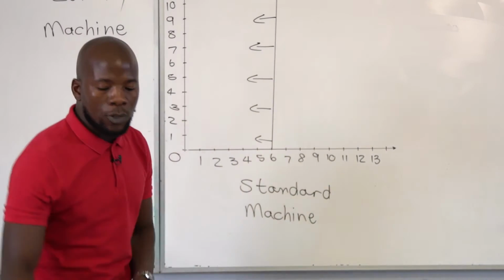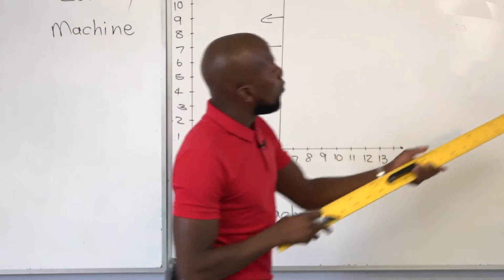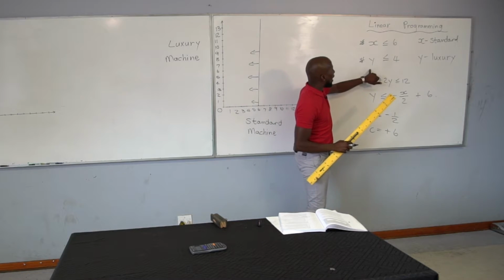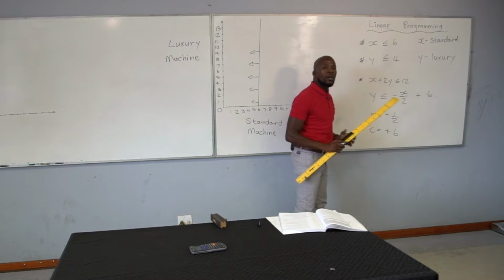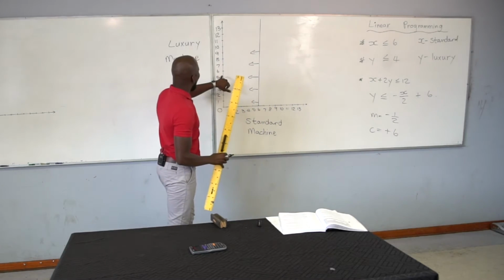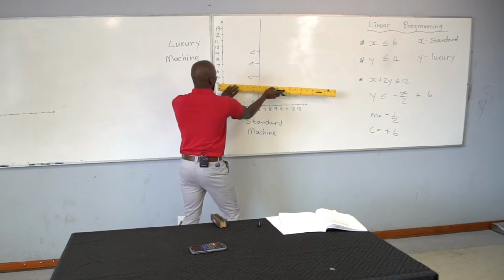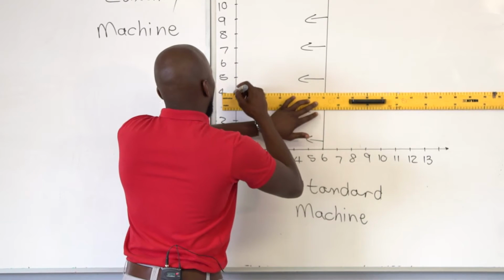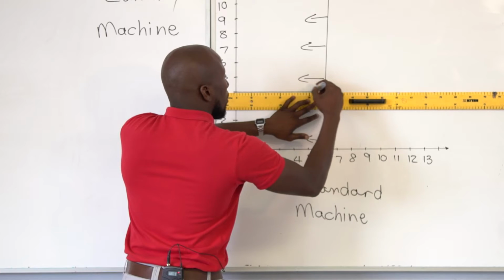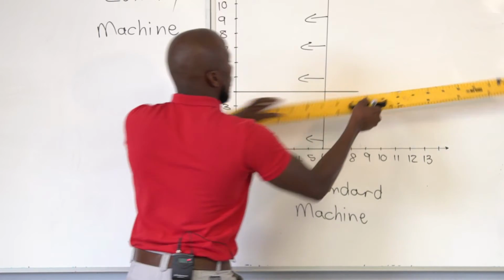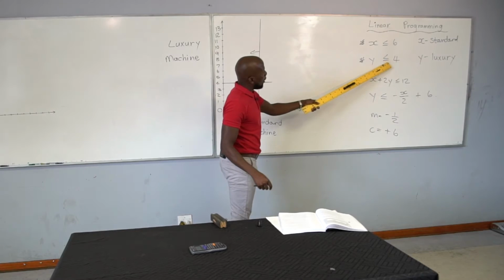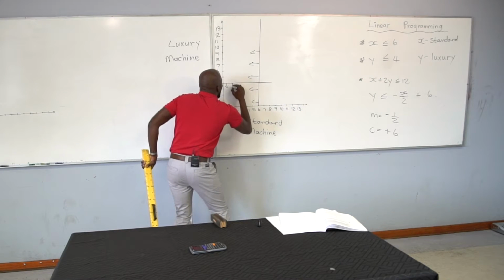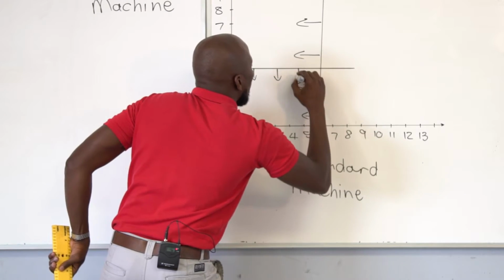I hope you're all with me so far. Now we move to the y value, the luxury machines. We know that y must be equal to or less than 4. We move to the y-axis. You'll sketch your line. Based on the symbol that we see, we know that we'll be shading this region underneath the line or below the line.